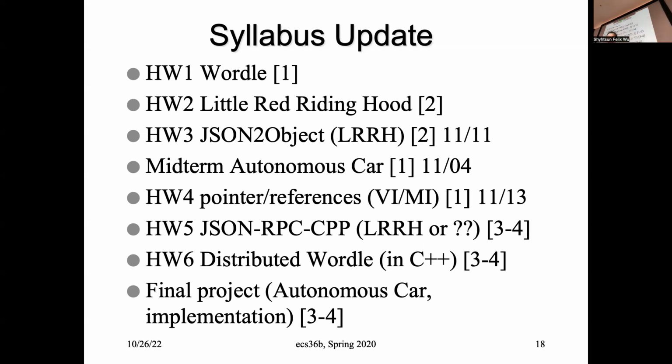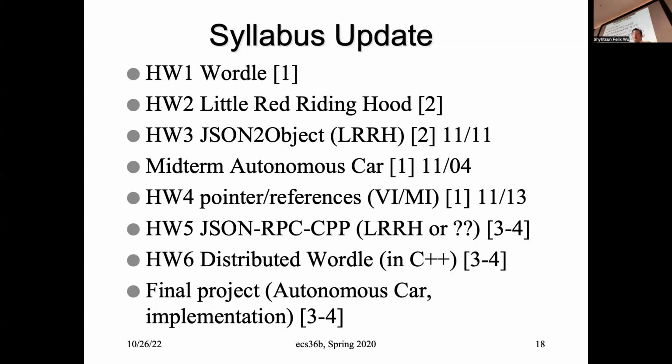For homework 3, this will be my main content. I'm going to talk about this for both the first and second session. You already did Little Red Riding Hood, and you already did dump to JSON, assuming you did it correctly.